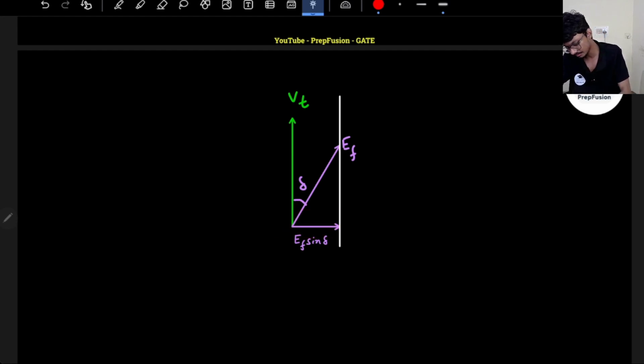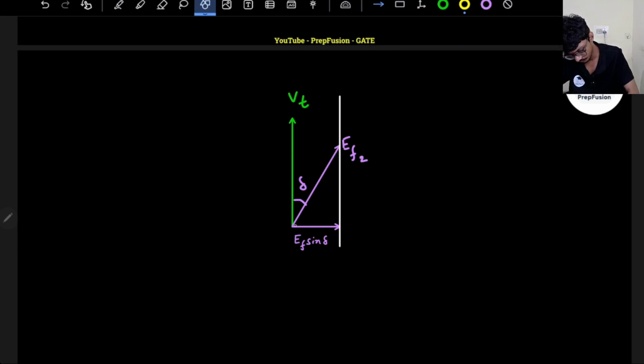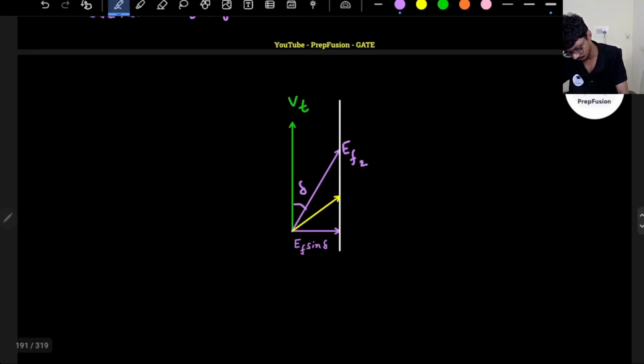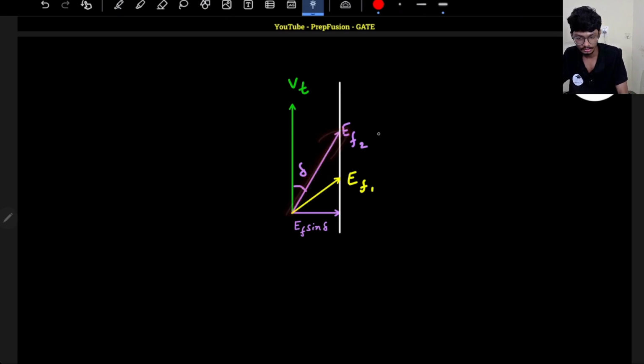So as I am increasing my excitation, let's say this is EF2 and I have here EF1. As I'm increasing my excitation, you see the length of the EF vector is increasing and the delta is reducing.